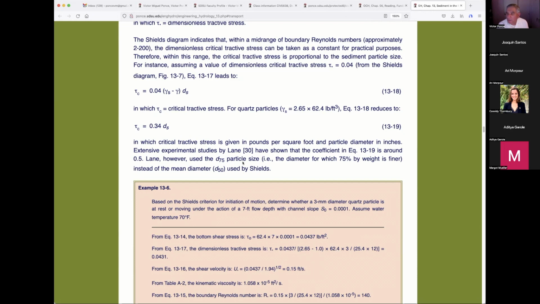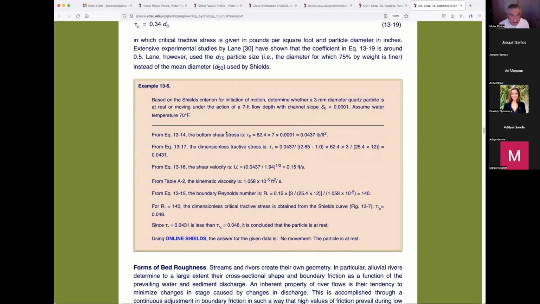Now, all of you have taken soil mechanics as part of your civil engineering studies, so you must be familiar with the grain size analysis and the grain size distribution. So this is all there is. It refers to the diameters and the grain size distribution. Okay, now let's move on, and we're going to show an example of this calculation.